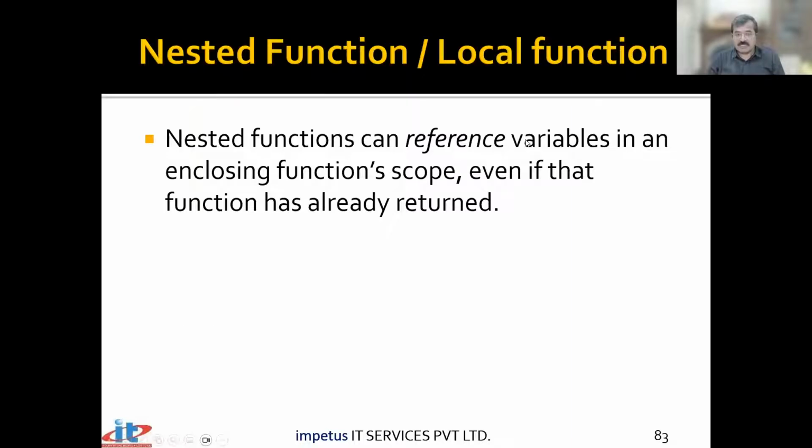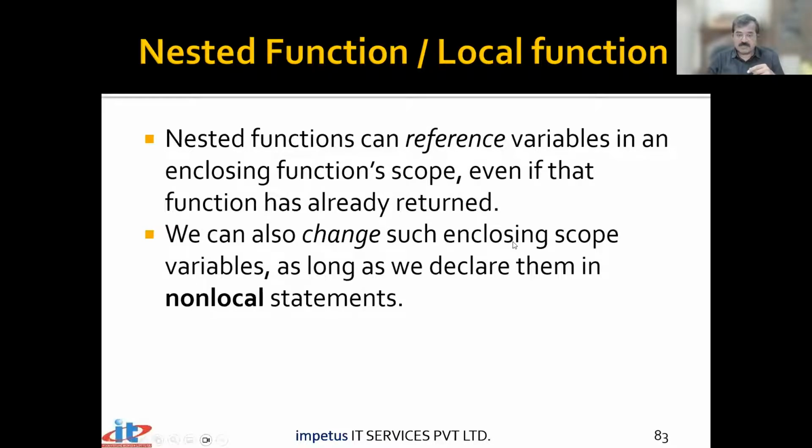A nested function can reference variables in the enclosing function scope even if that function has already returned. That means you call the outer function, its execution is over, and instead of a value it has returned a function. And the inner function which got returned is remembering the state of the variables of the outer function.